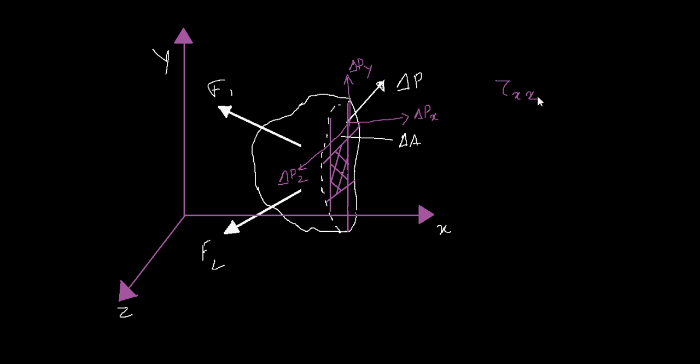So tau xx is delta Px over delta A. The first subscript denotes that the arbitrary plane is perpendicular to this axis, and the second subscript denotes the direction of the force axis.